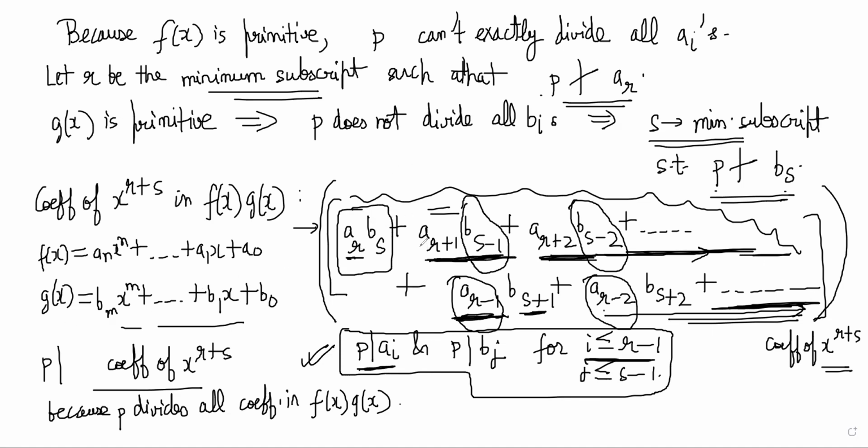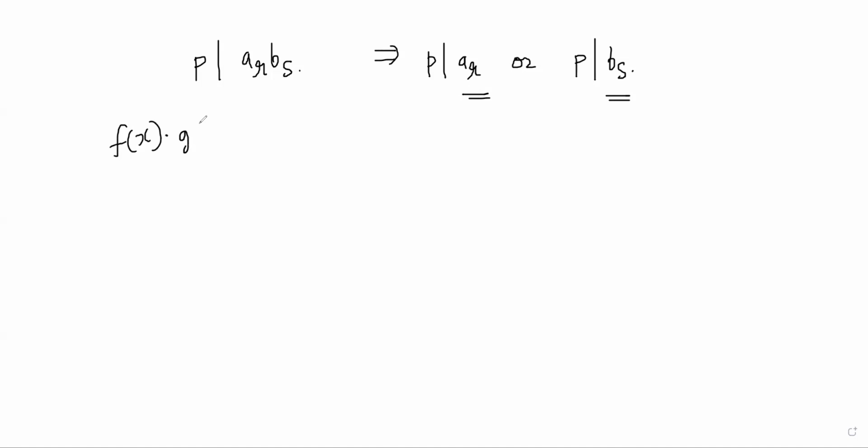So we can say that since the overall coefficient was divisible by p and so many other partial terms here are divisible by p, it follows that p should divide a_r b_s, but that is a clear contradiction, because that means that p divides a_r or p divides b_s, but we have already selected a_r and b_s such that p cannot divide that, right? So we have arrived at a contradiction, and basically that means f(x) times g(x) is also a primitive polynomial, right?